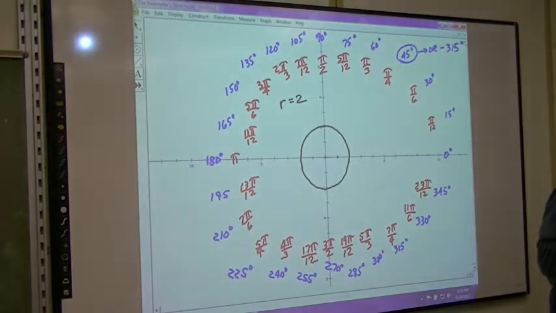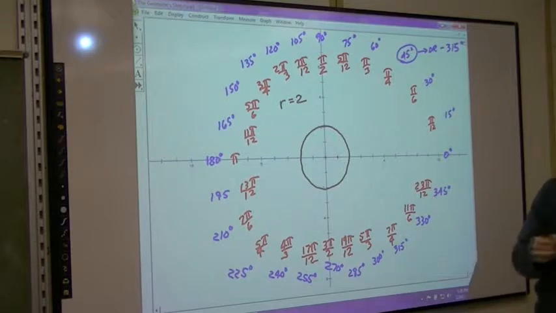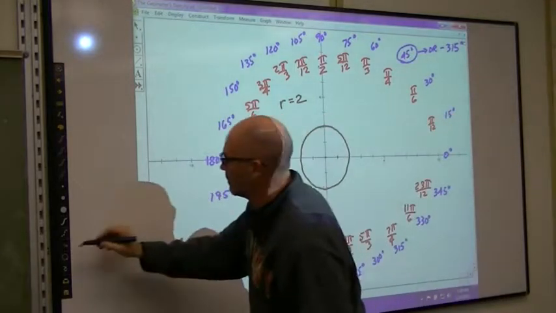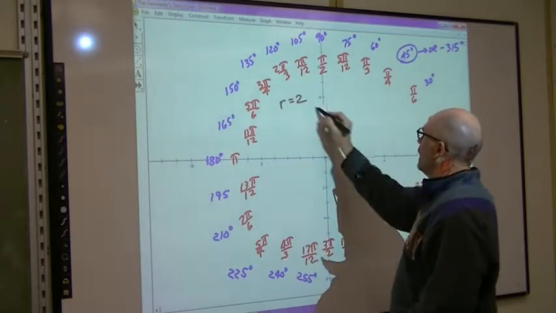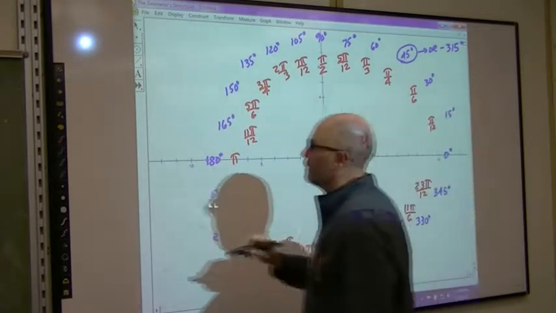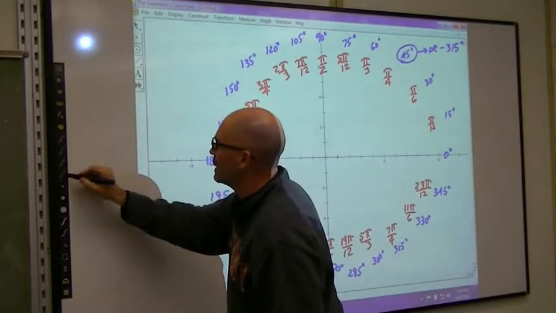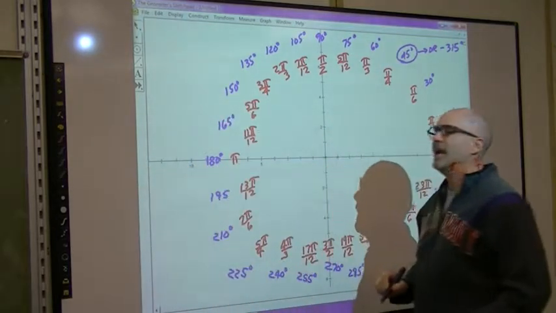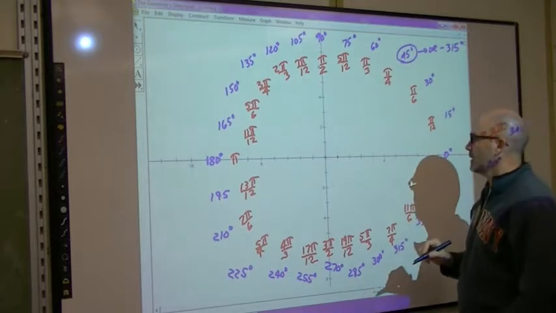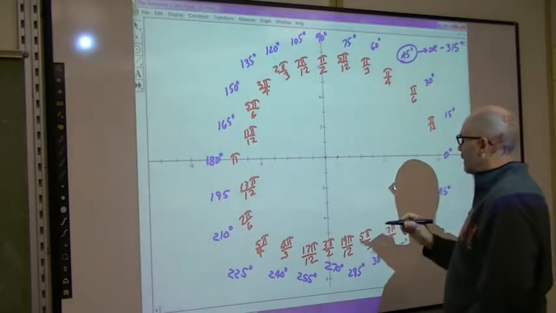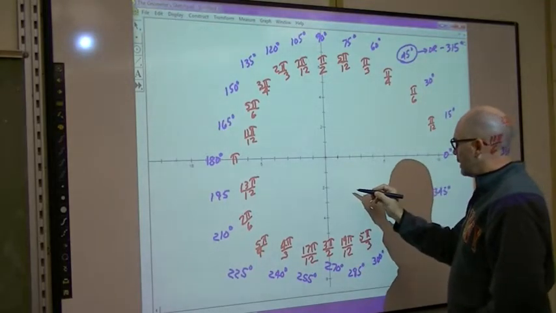The last thing we're going to do in this section is determine the distance between 2 points. You guys have a distance formula for rectangular coordinates. Now we're going to do a distance formula for polar coordinates. So let's just say we've got these 2 points.